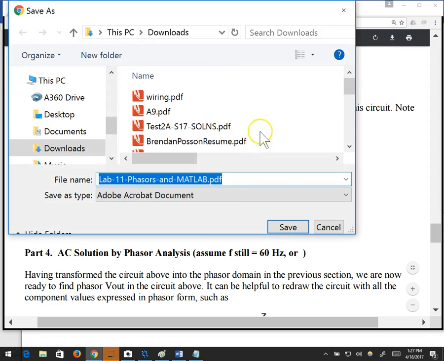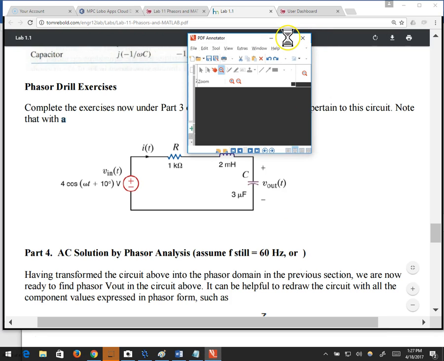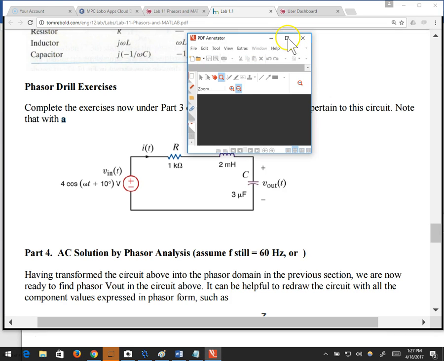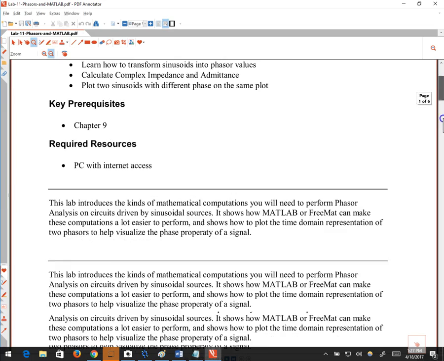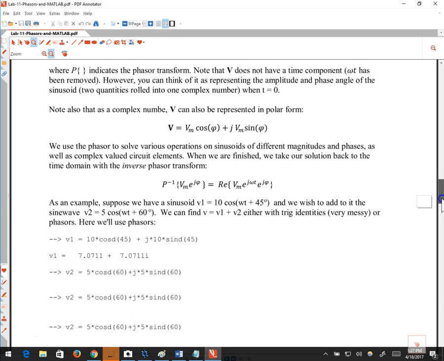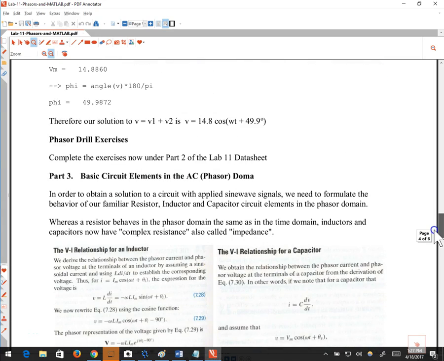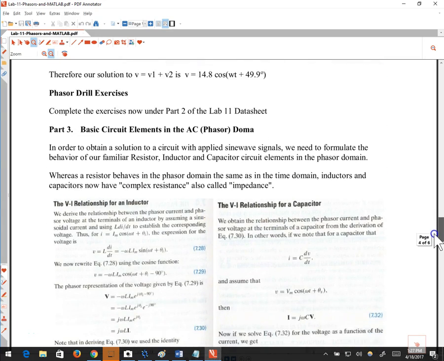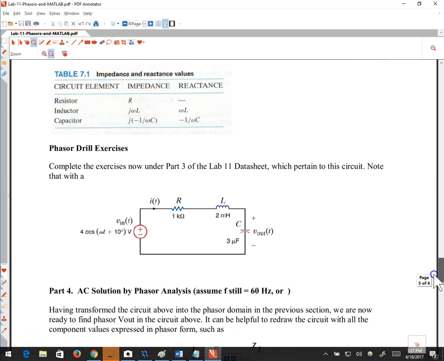Sometimes the viewer gets a little messed up. Yeah, it looks like it's definitely got some stuff chopped off there.